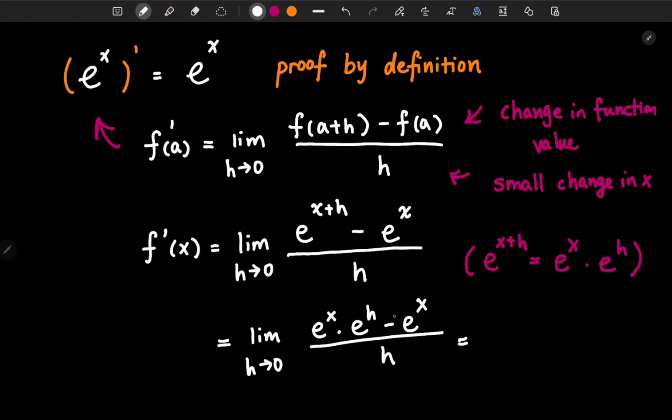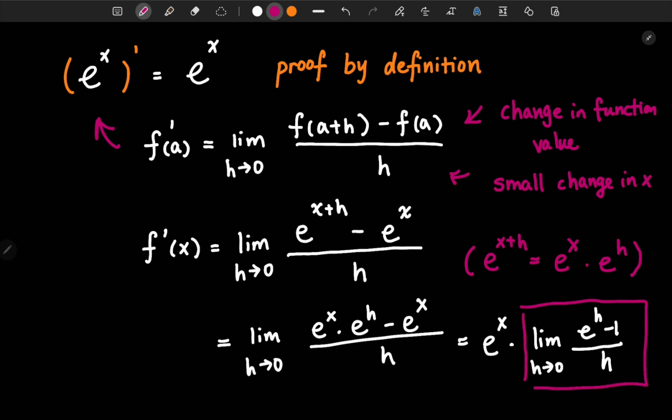In the top part, we can take e to the x out, which gives us e to the x times the limit as h goes to 0 of e to the h minus 1 over h. Then our question becomes how to calculate the limit of this part.